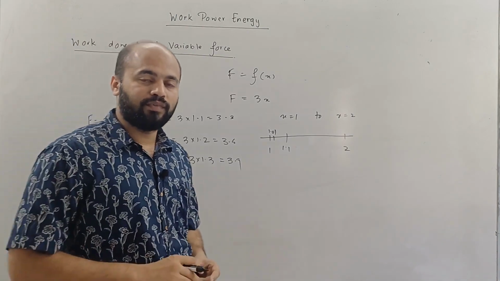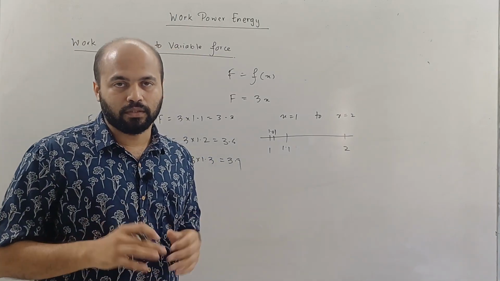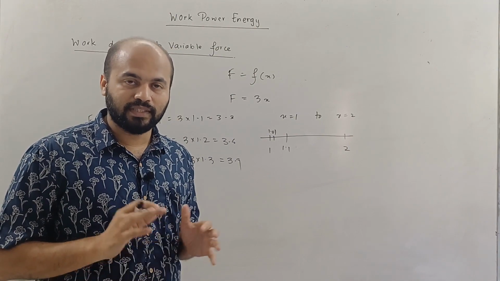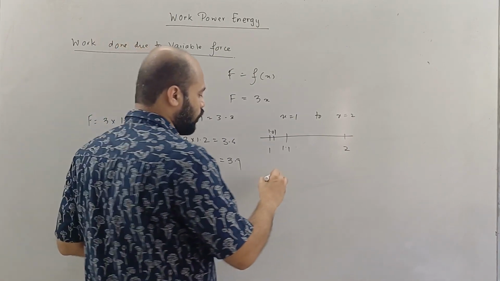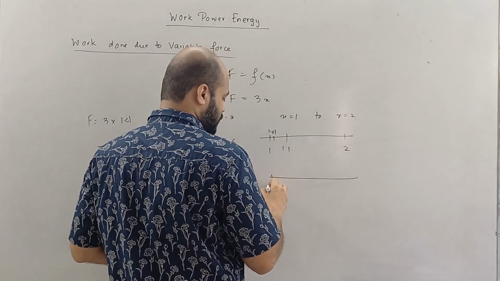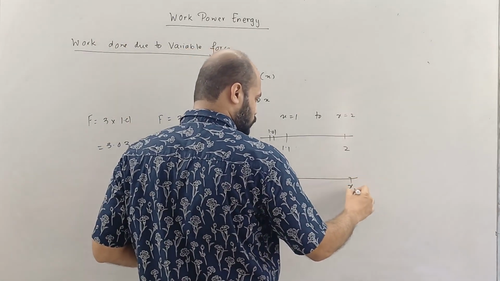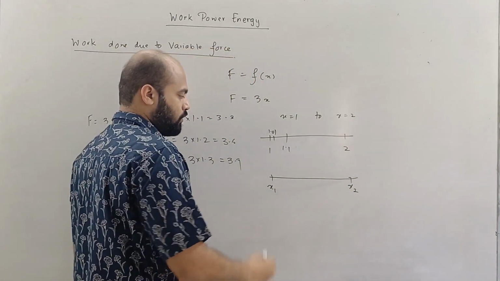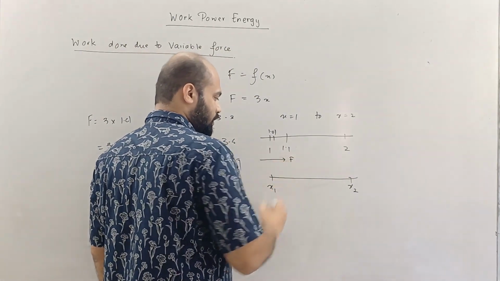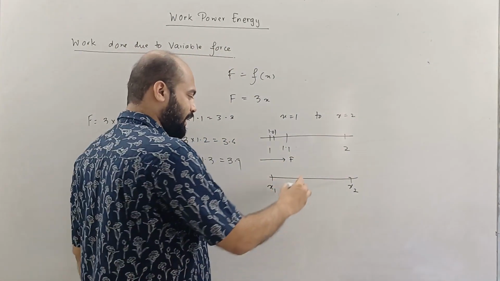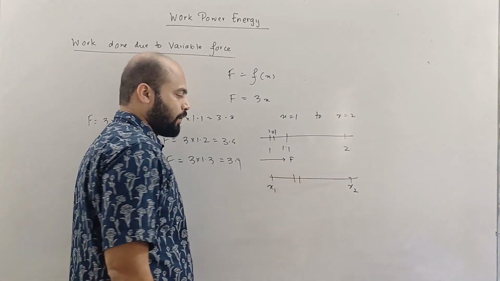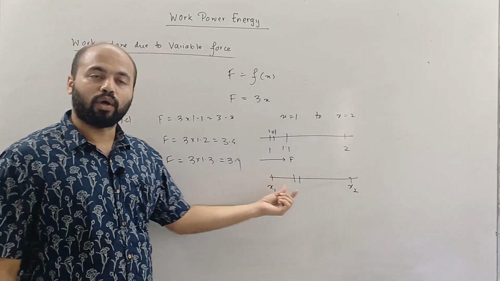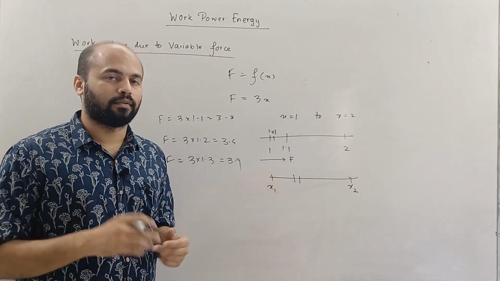And so we have developed a method through calculus which says that if you want to go from position x1 to position x2, you just see how the force is and then take a small element. Now to take this body through a small interval, how much work is done?